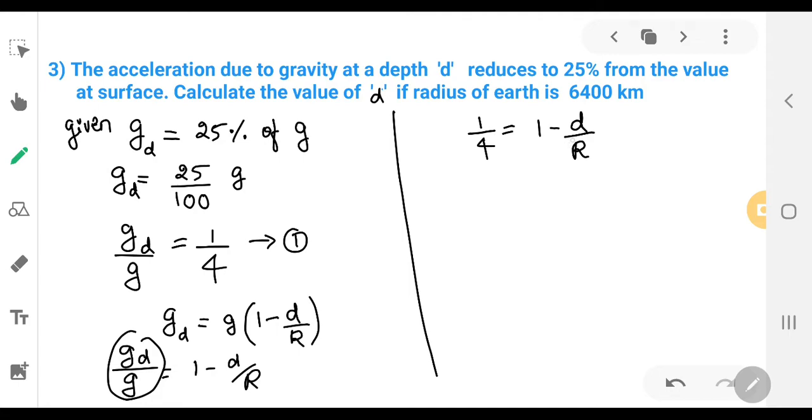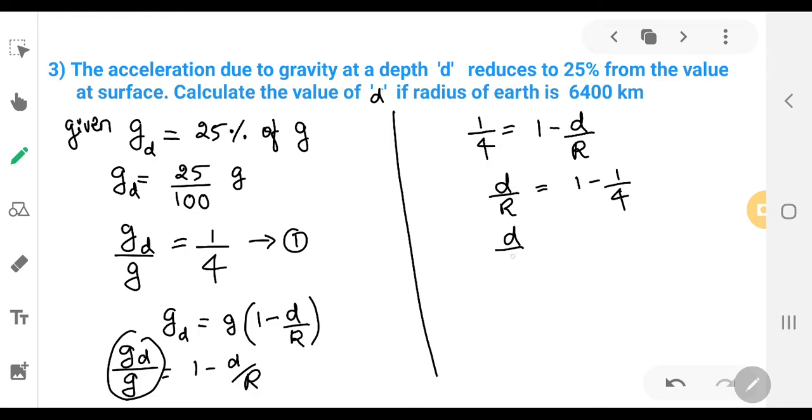If we rewrite the equation, d divided by r, taken to this side, becomes positive, and 1 by 4 on the other side becomes 1 minus 1 by 4.